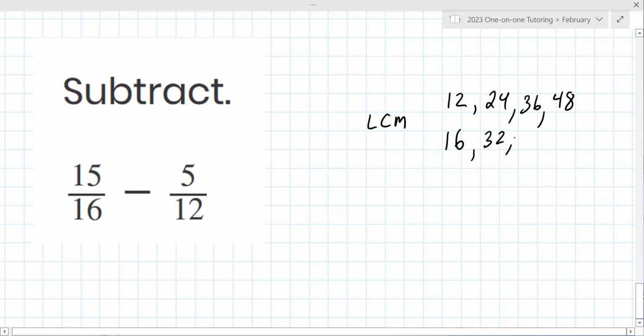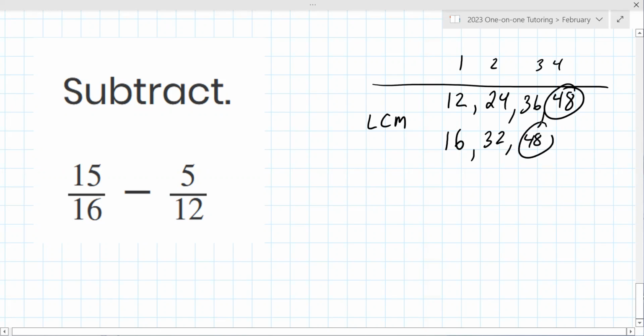What's the next multiple after 32? You're adding 16 each time, or you're multiplying 16 by 1, by 2, by 3. 48. 48, good. And then sometimes it's good to put that reference up here at the top.